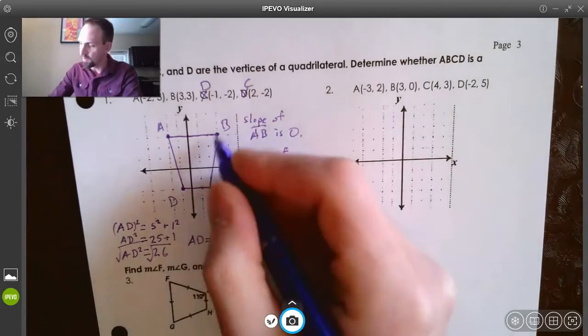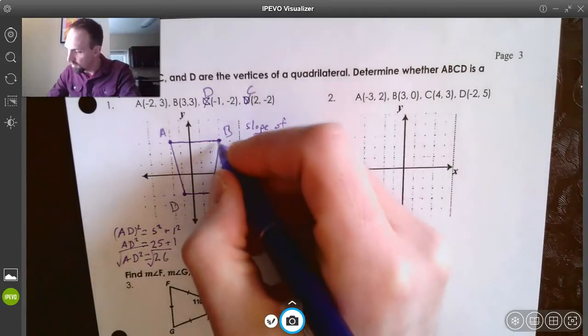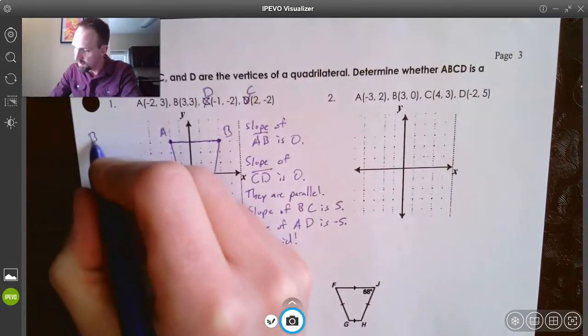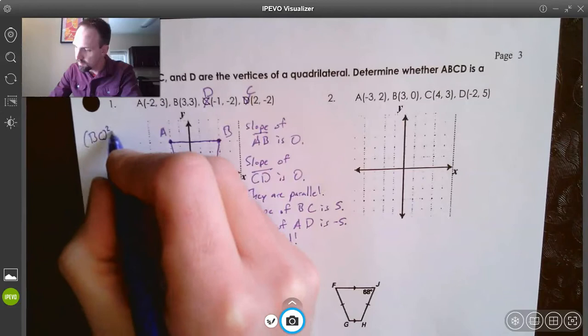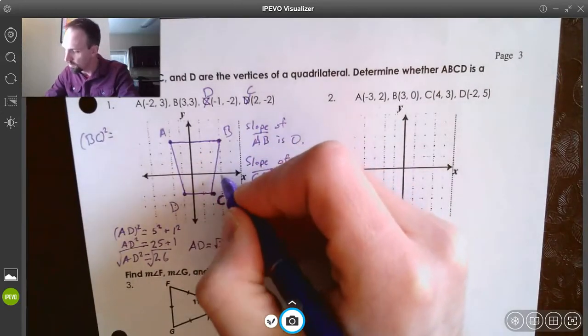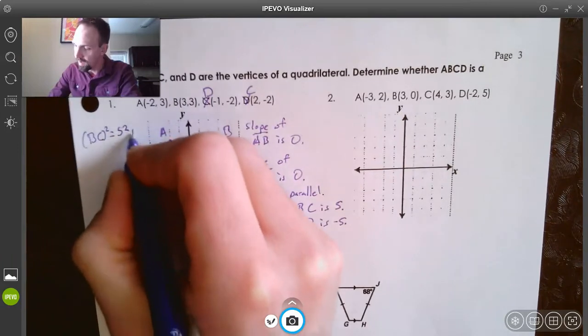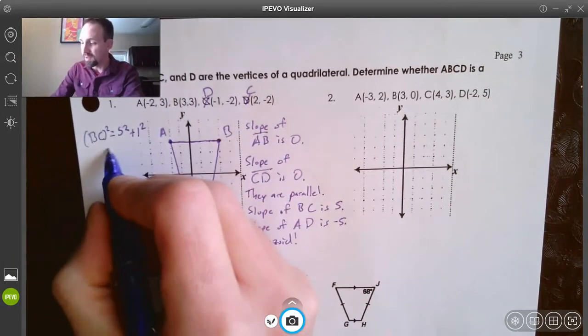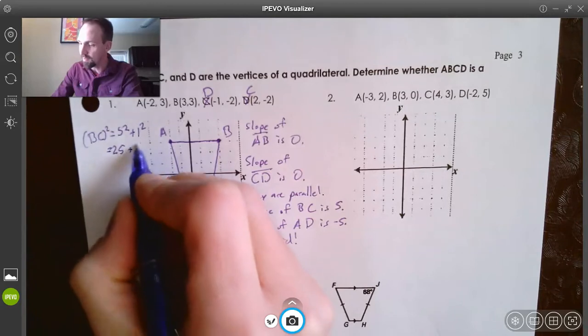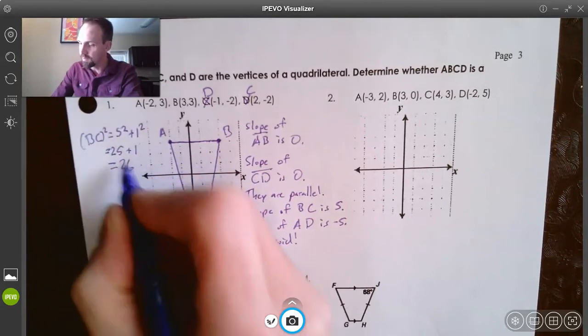And I can do the same for the other side as well, from B to C. So the length of BC squared is equal to 1, 2, 3, 4, that's also 5, and that's also 1. So 5 squared plus 1 squared. So you can see this is going to be exactly the same, and that's what we expected to see, 26.